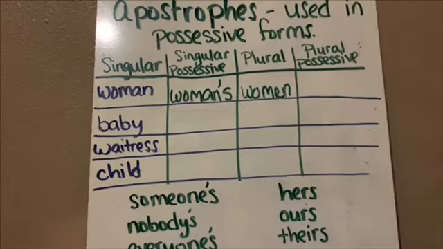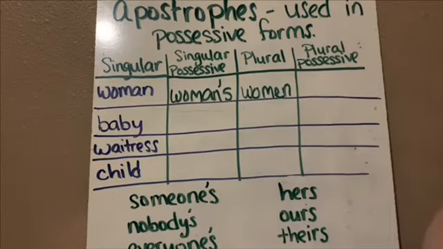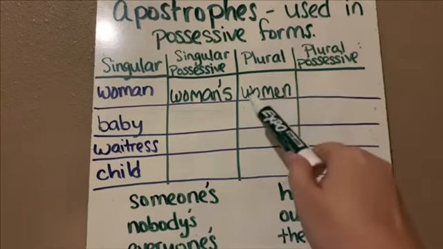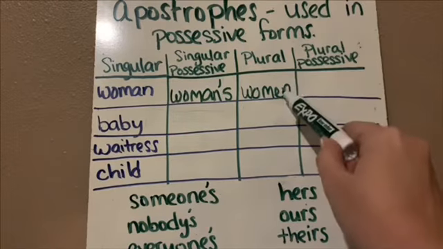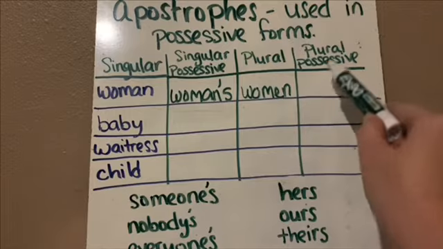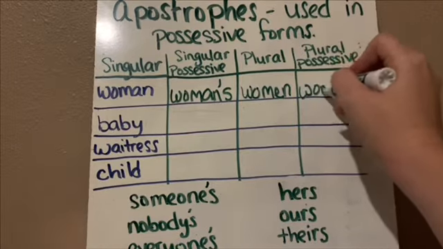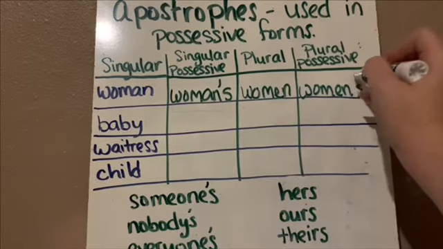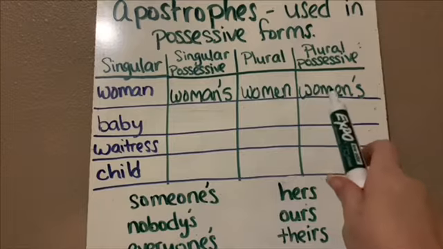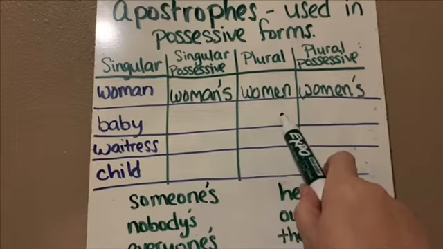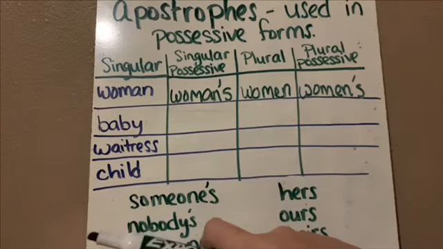Okay, now, if I was talking about the coats of all the women, so the women's coats, for this particular noun, I would also add an apostrophe S. Now the rule changes if my plural noun ends with an S. That's when my apostrophe comes afterwards. So we're going to look at one of those now.